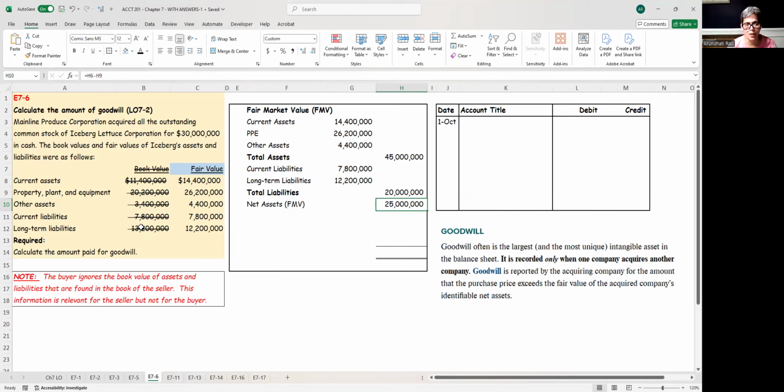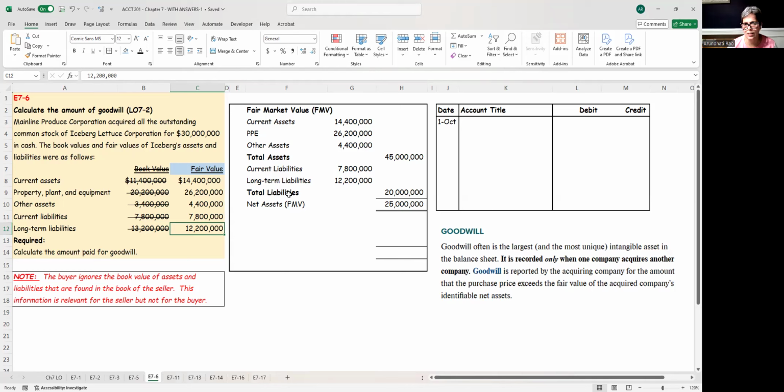Now, what you will notice with the liabilities typically is they stay the same. $7.8 million current liabilities, fair value is $7.8 million. Long-term liabilities actually could have been a little lower. Again, we are not concerned with those details in this exercise, but I just wanted to go over that with you.